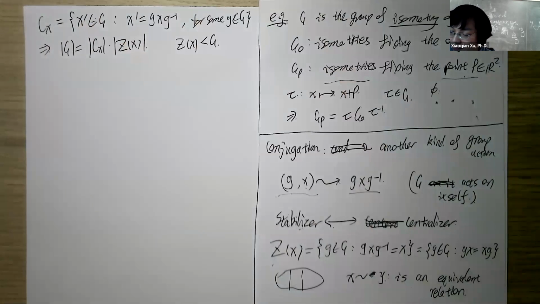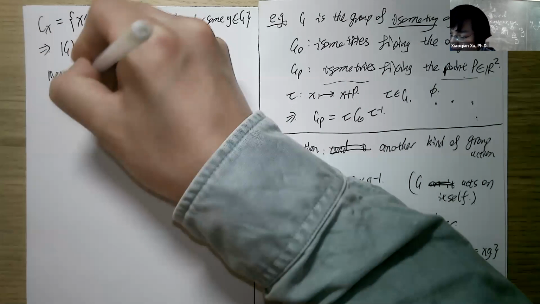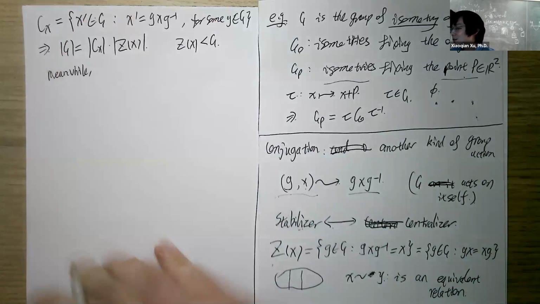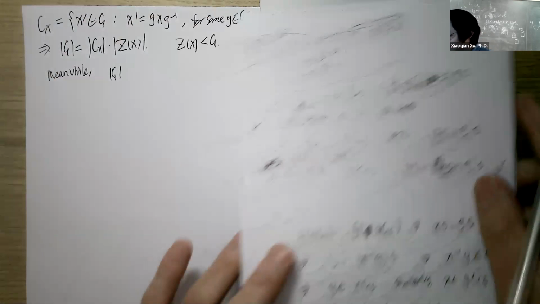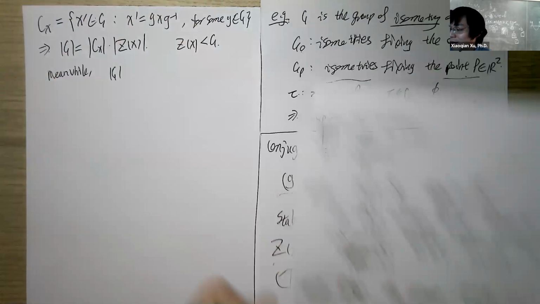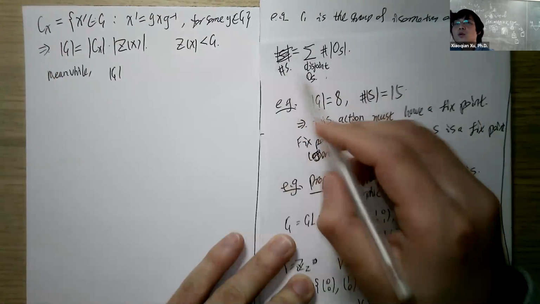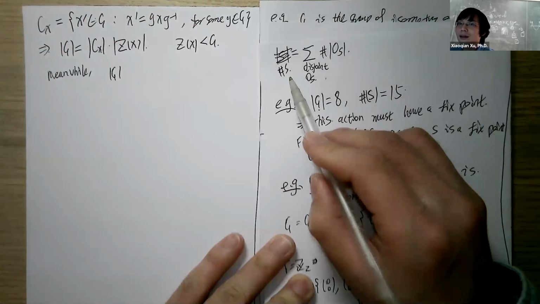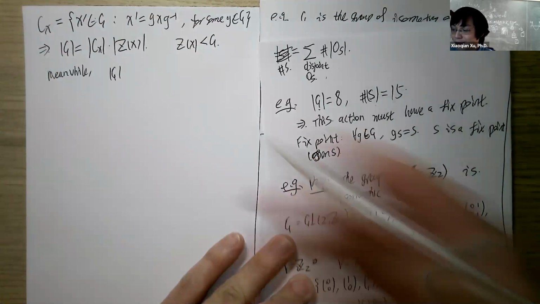And meanwhile, we have the same counting formula that we had before. G as a set can be written as the disjoint union of different orbits.